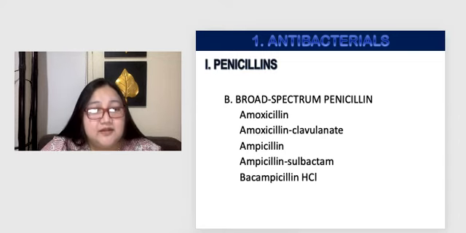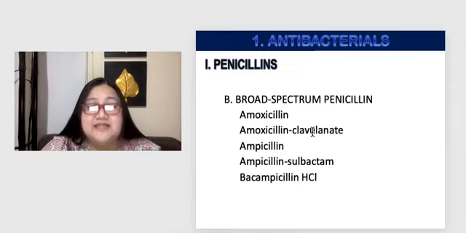Okay, may 3 beta-lactamase inhibitors. One is clavulanic acid. Kaya nakita nyo dito si amoxicillin, may kadugtong siyang clavulanate. So, amoxicillin, clavulanate.